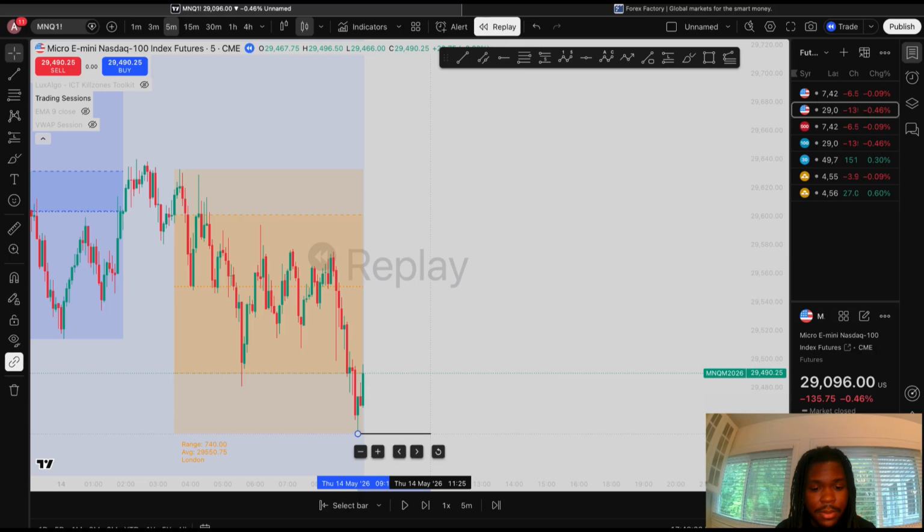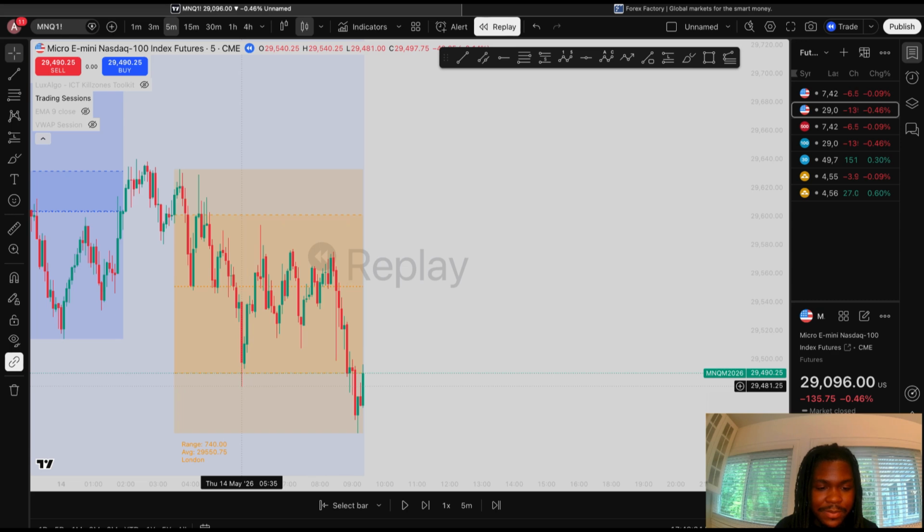It lies above highs and below lows because of those retail traders, right? Cool. So once price sweeps this, as well as it swept London session lows, as well as it swept relatively equal lows.